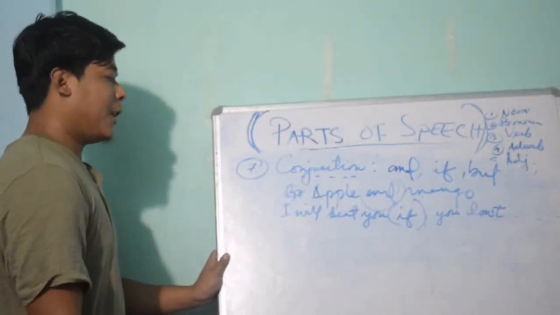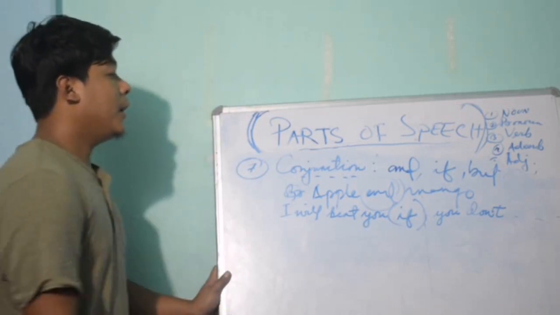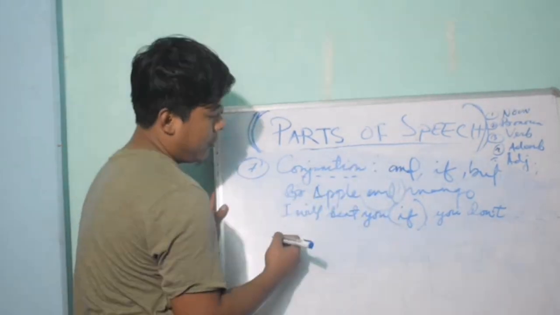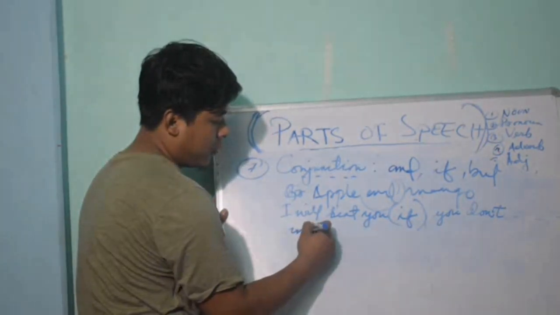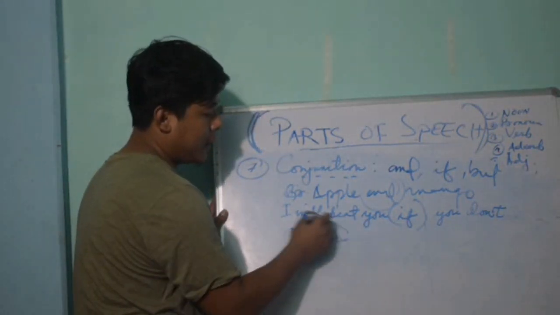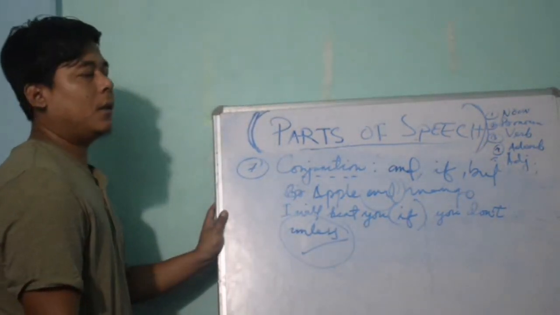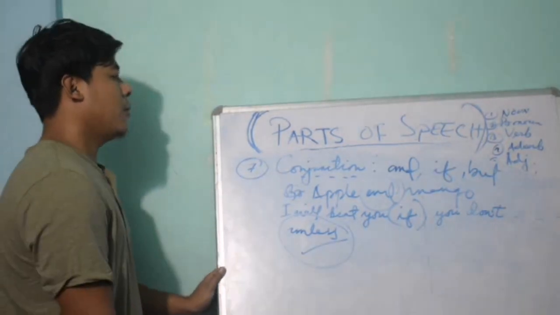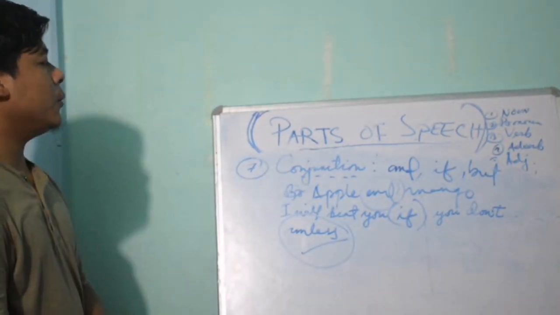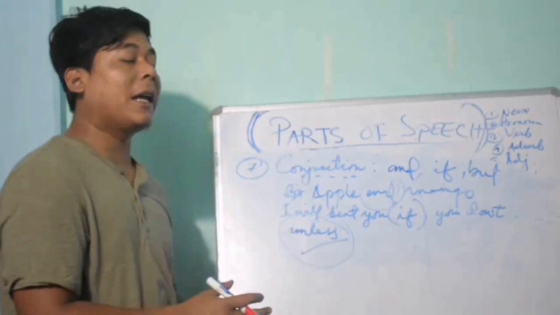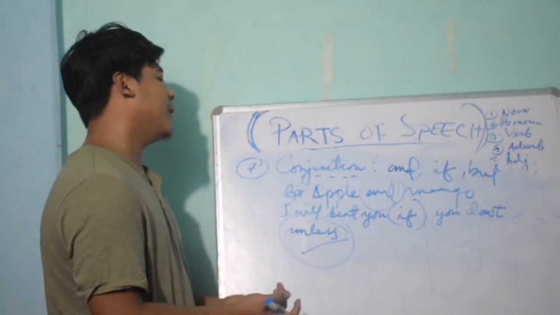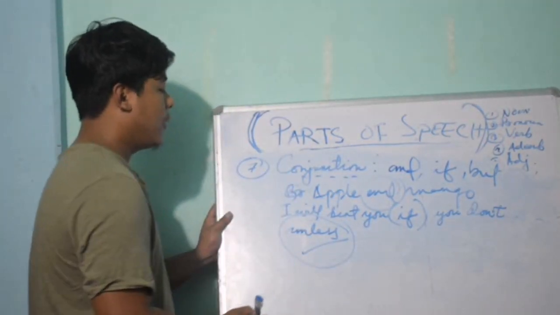Okay, you can continue the sentence. And the words but or unless, these are all conjunctions because they help us join two words or sentences. So any words that help you in connecting, joining or linking two phrases or sentences are conjunctions.